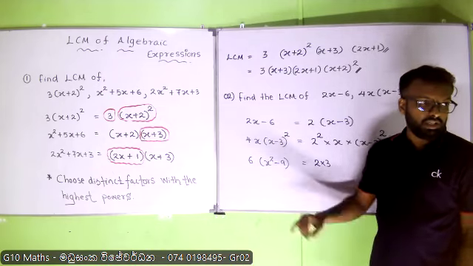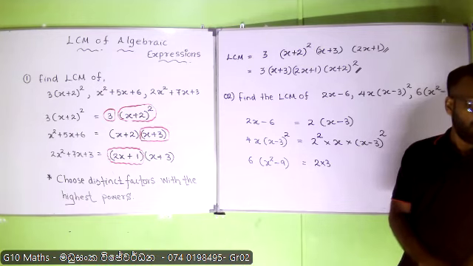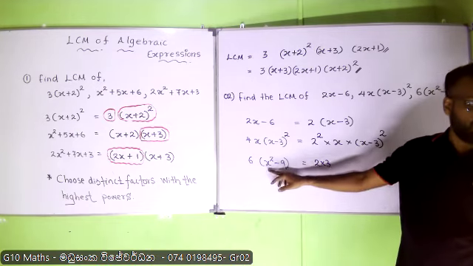X to the power 2 minus 9. Yomi, what is the factorization of this? X to the power 2 minus 9.